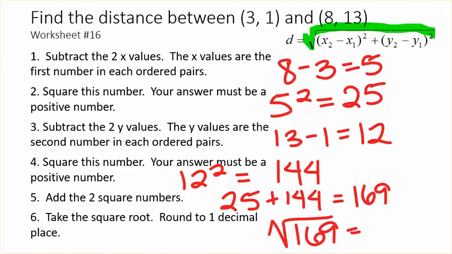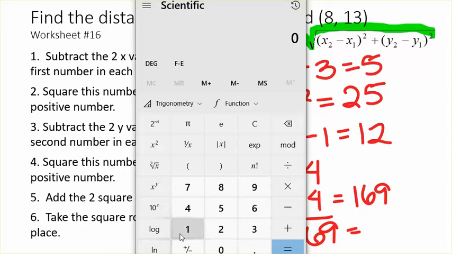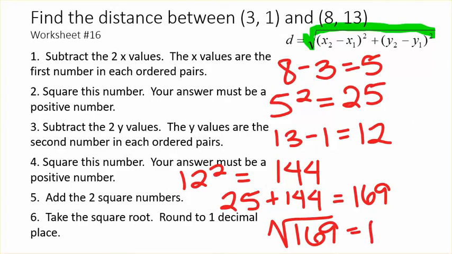We're going to use our calculator to find the square root of 169. In this case, it was a whole number. The square root of 169 was 13. So the distance between those points is 13.